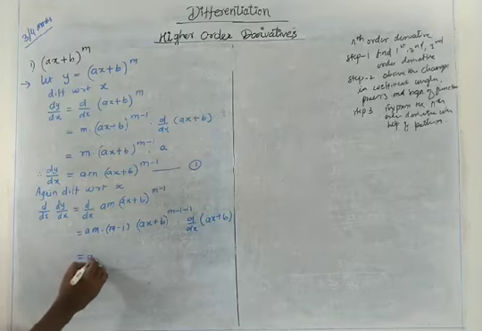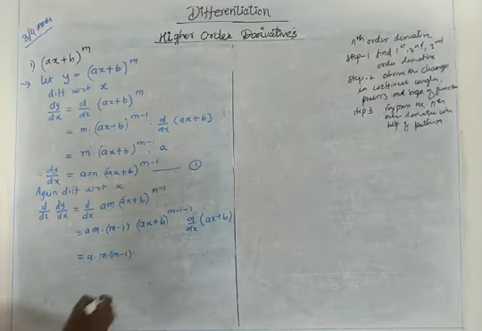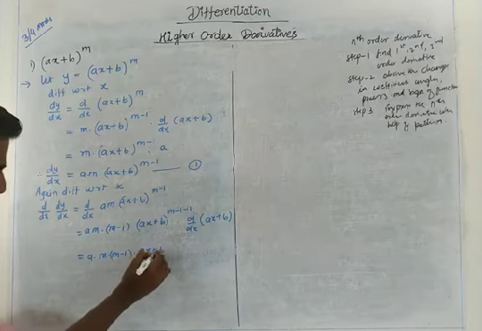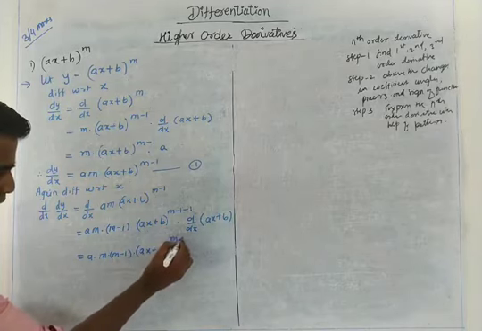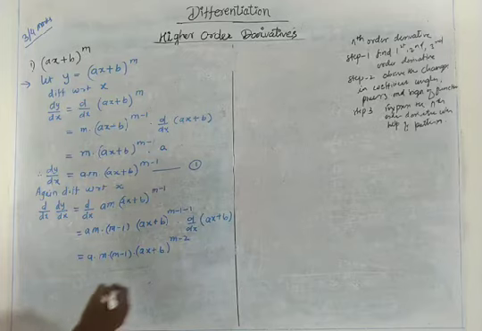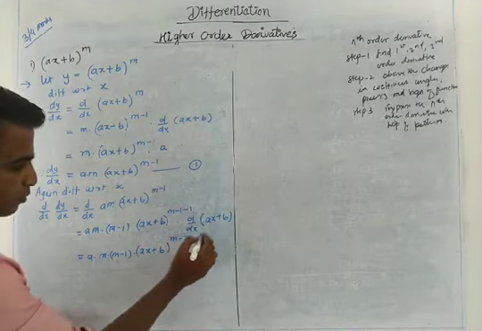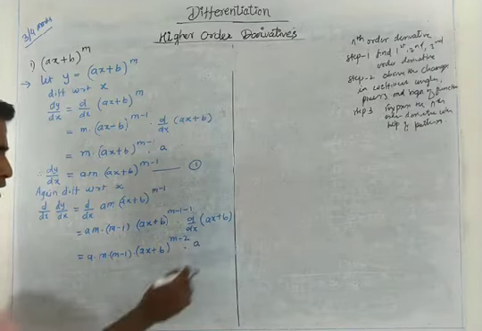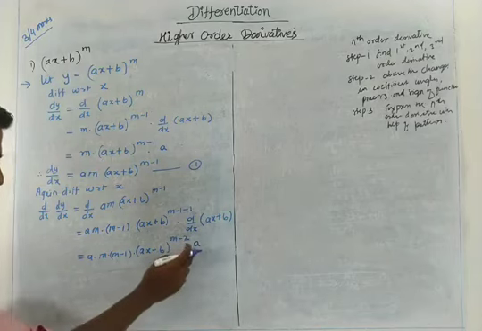So a into m into m minus 1 into (ax + b) raised to m minus 2, into d/dx of ax + b, which is again a plus 0, so it will remain a.